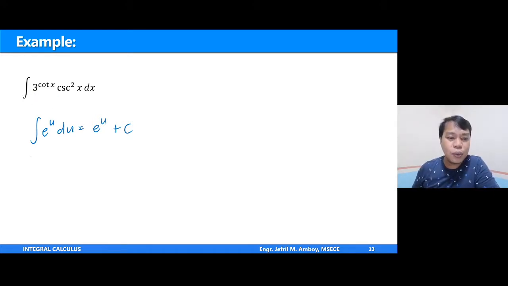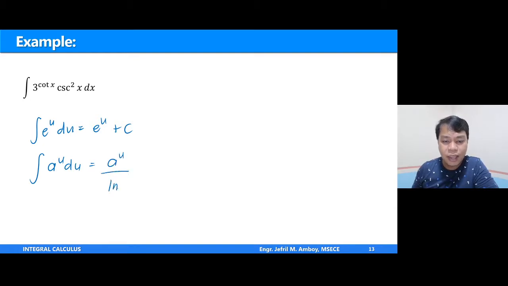So, ang formula para diyan is integral of a to the u du, where a is a constant and u is a variable. The integral of a to the u du is a to the u over ln of a and then plus c.